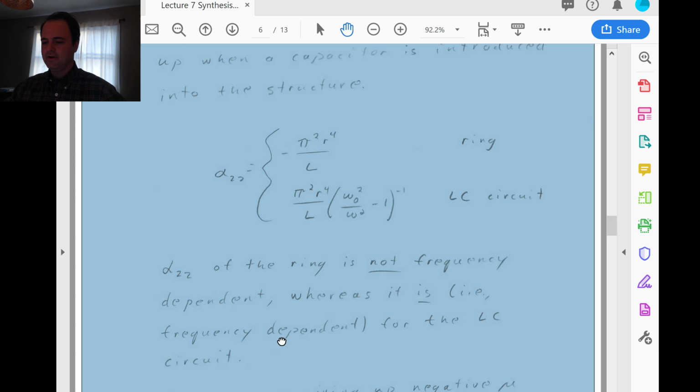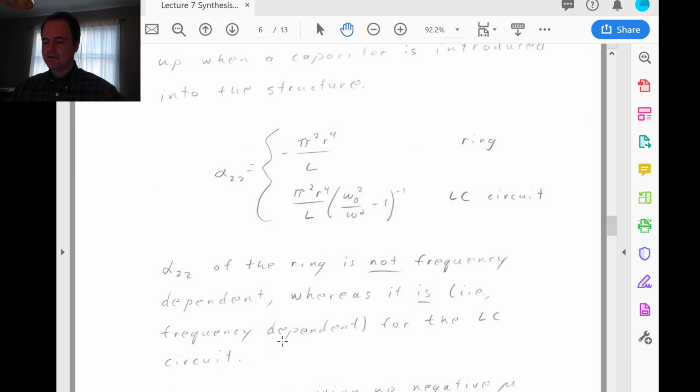All right. So what does that mean? Well, that means that the properties that we're shooting for, ultimately the negative magnetic permeability, may not happen over all frequency ranges. And in particular, it may only happen over a very small bandwidth of frequencies.